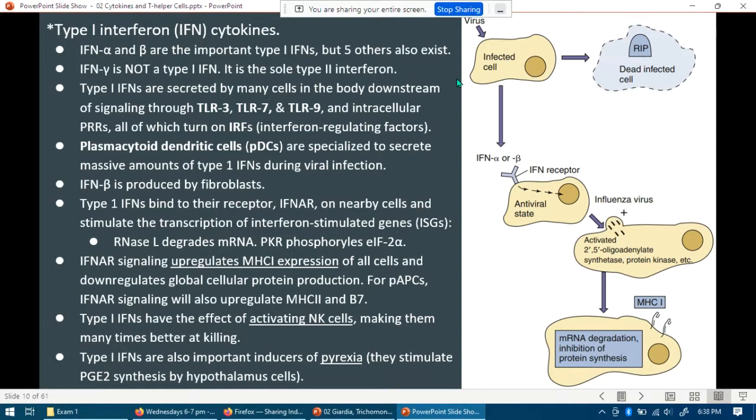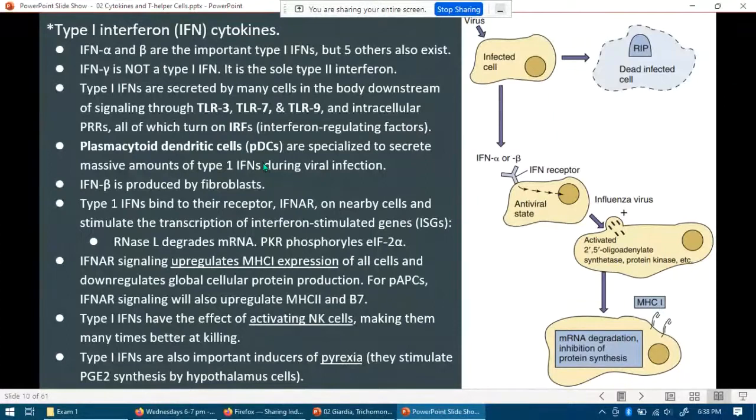We also have these really cool cells called plasmacytoid dendritic cells, or PDCs, that are highly specialized to secrete huge amounts of type 1 interferons during a viral infection. They are capable of secreting more than 1,000 times as much of these type 1 interferons as any other cell.